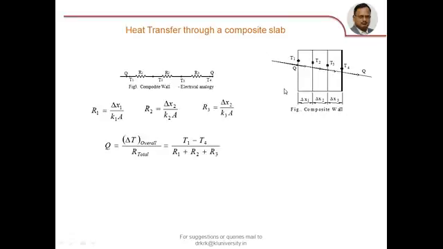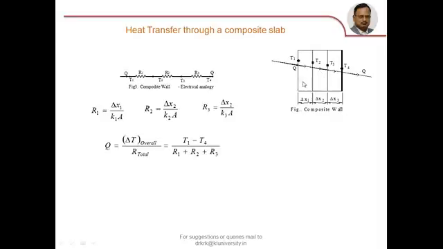So under such circumstances, the heat has to flow from outside into the room, first through the cement layer, then through the bricks, and then through the wooden layer. So such a thing where you have more than one material offering heat transfer together is known as a composite slab.